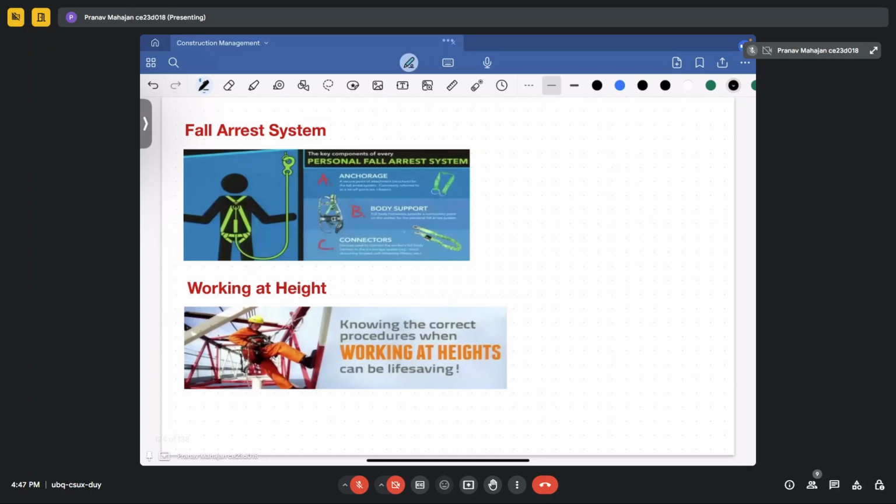From the figure also, you can see the person who is working on the train, how he has installed himself, and how he has put on his jacket, which is attached to the train by some hook. So knowing the procedure when working at heights could be life saving.